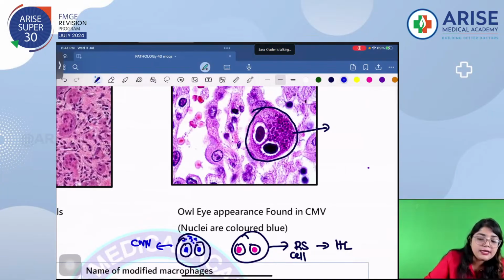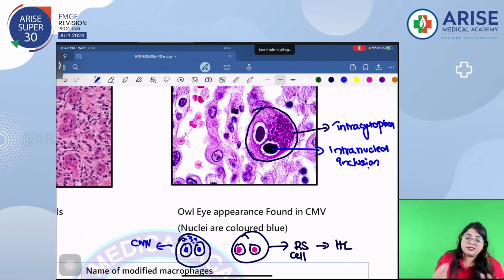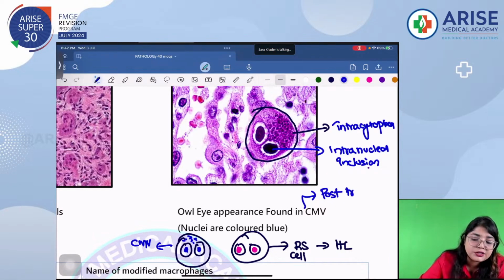So both intracytoplasmic as well as intranuclear inclusions, both of them are seen in this condition. Also remember, CMV is a very common infection in post-transplant patients.